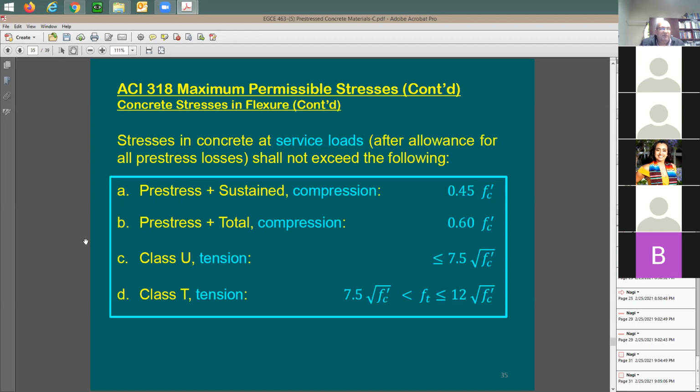They say even for the service, we can do it in 2 steps. The first step, when you just apply the additional dead load, but there is no live load yet. And then you check the stress, it says it's going to be about 45%. And after you add the live load, it's going to be a maximum of 60%.